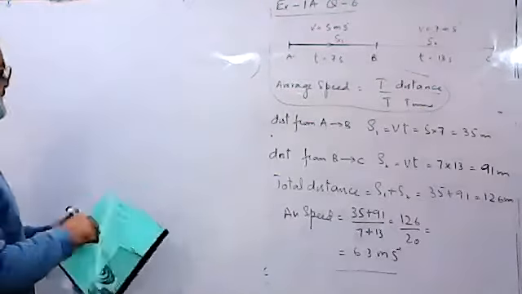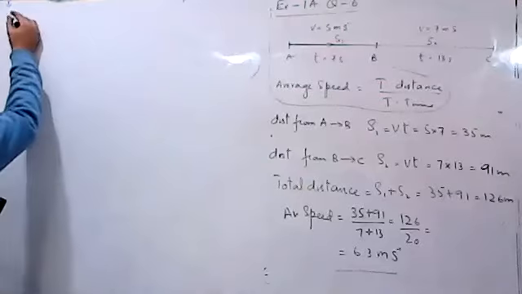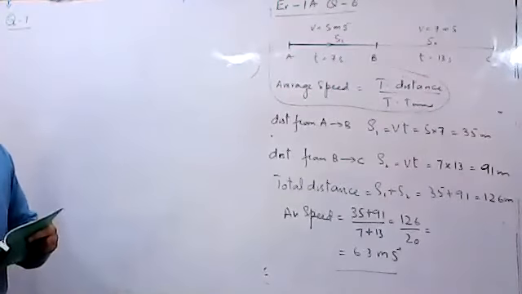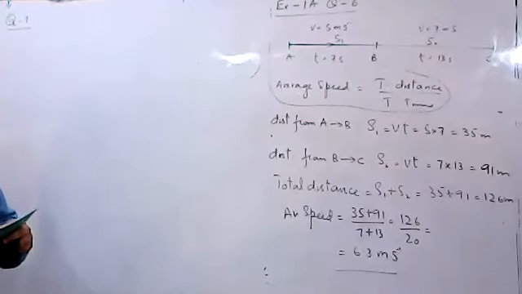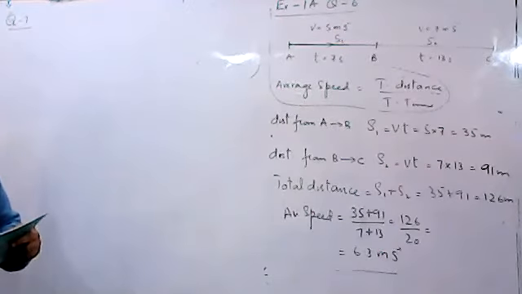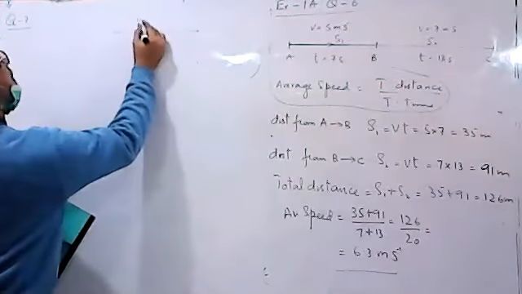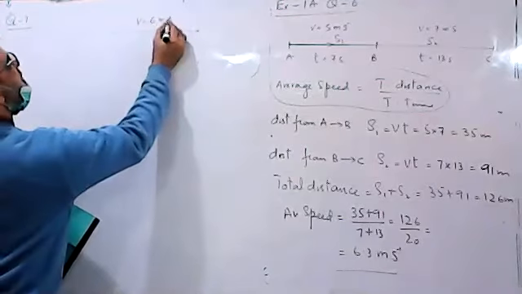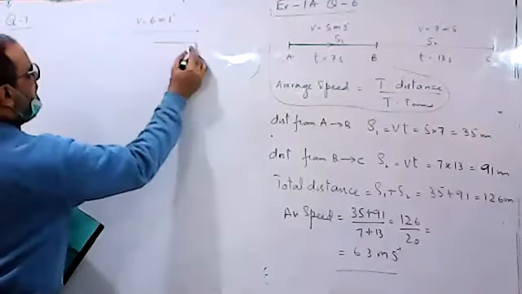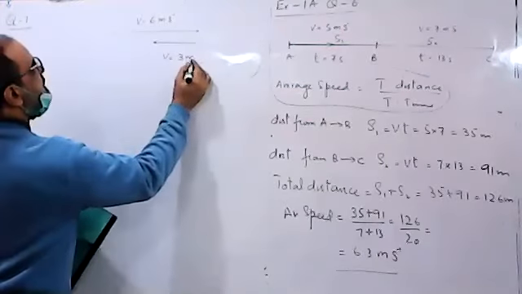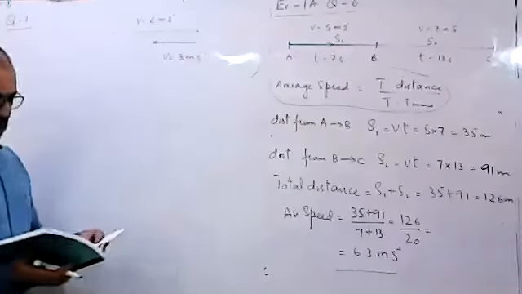Question number 7 from same exercise. He says a remote control car travels forward at 6 meter per second in a drive and backward at 3 meter per second in reverse. So forward, it is moving at a speed of 6 meter per second, and backward at a speed of 3 meter per second.